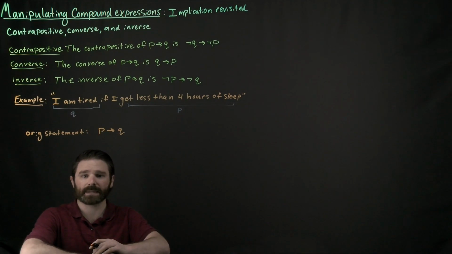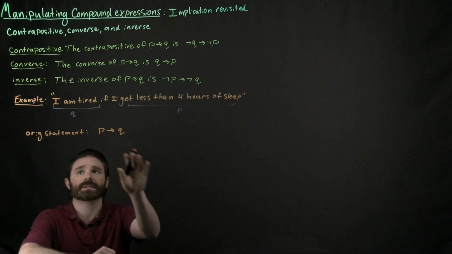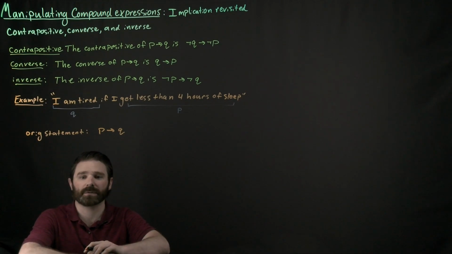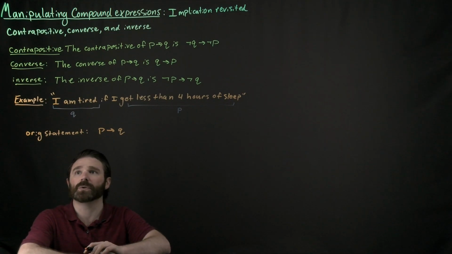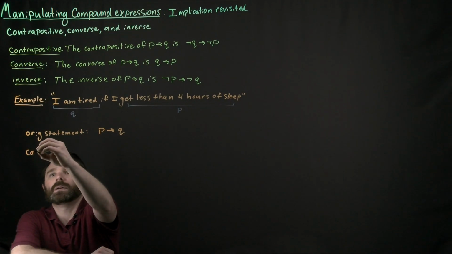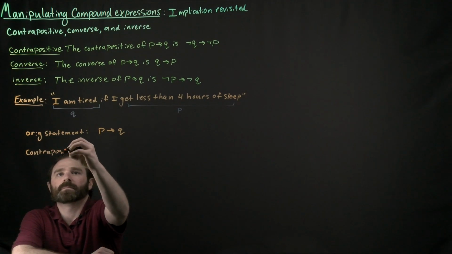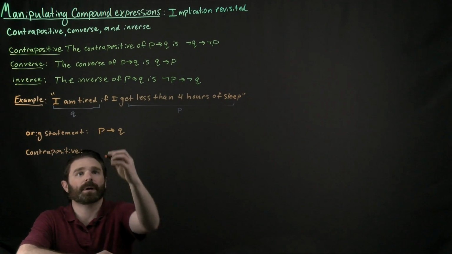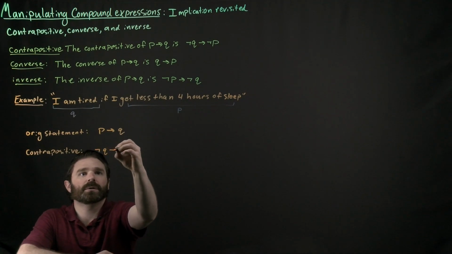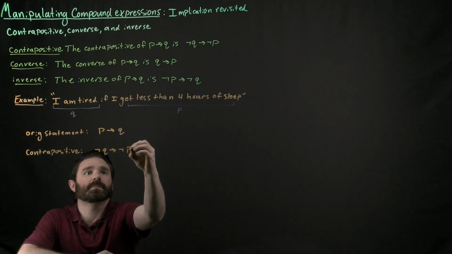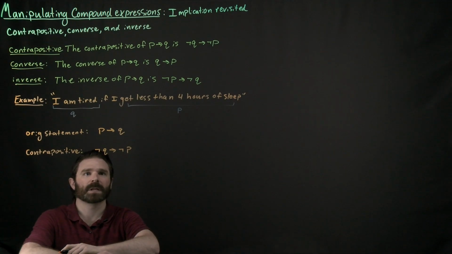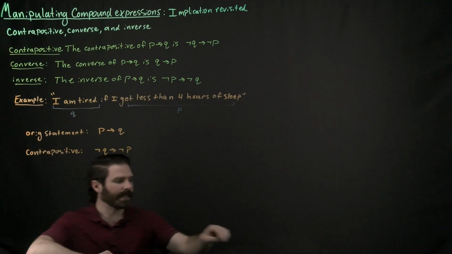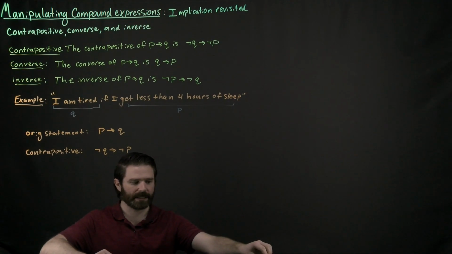Now, let's see if we can figure out ways that we could write out the contrapositive, converse, and inverse of this. The first thing I'm going to do is look at the contrapositive. The contrapositive is not Q implies not P. How would that translate into an English sentence?